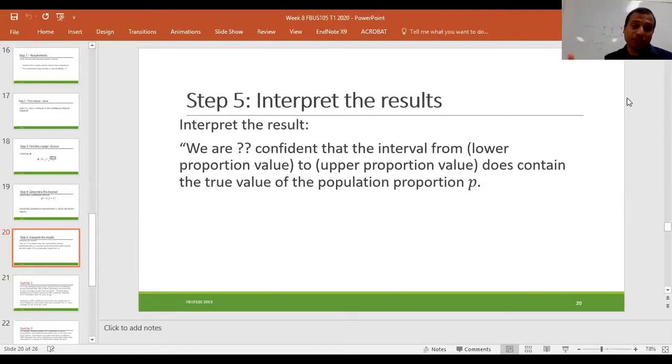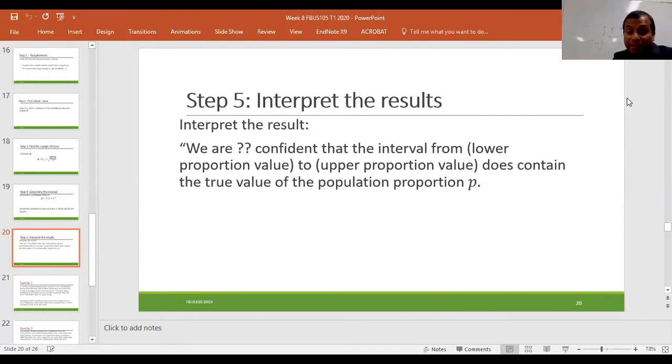But if the question is about a 99% confidence interval, then you will start like we are 99% confident that the interval from P minus E, the lower proportion value, to P plus E, the upper proportion value, does contain the true value of the population proportion P.